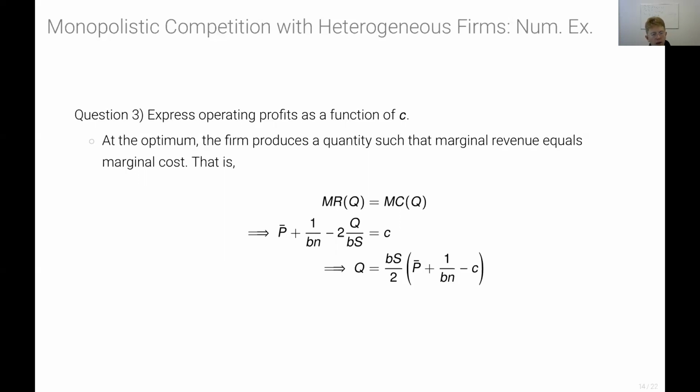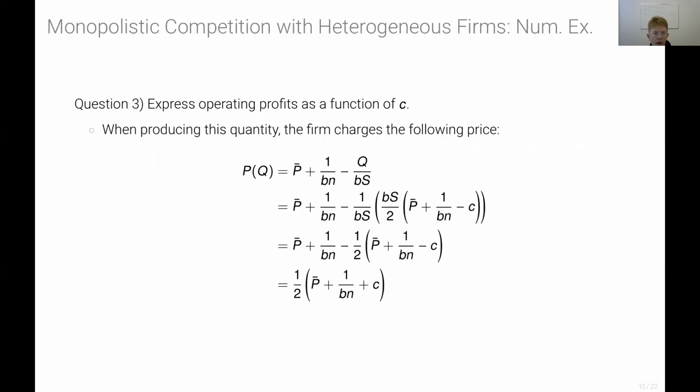Okay, and so now, given that we've produced that Q, we're just going to plug Q into our expression of price as a function of quantity.